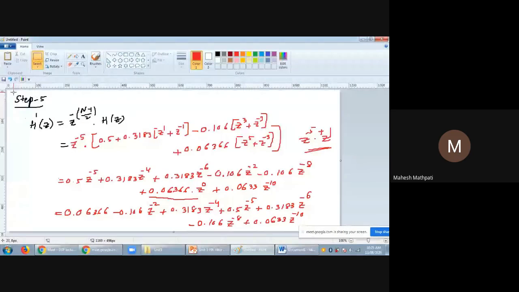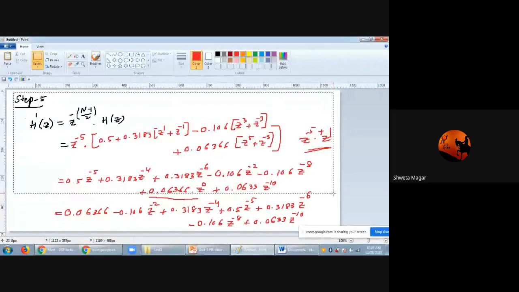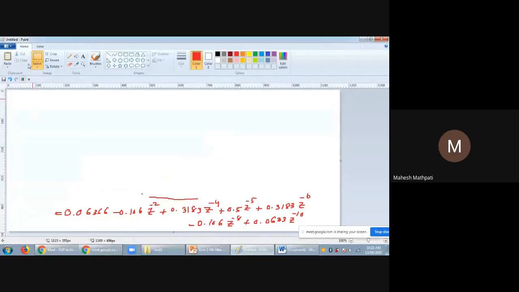Okay? So let's write the filter coefficients here. Now how do we write the filter coefficients? So that is our step 6. The filter coefficients of causal sequence.